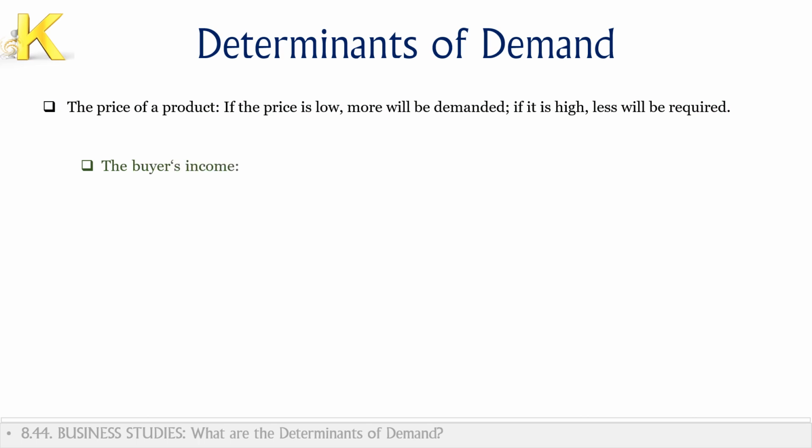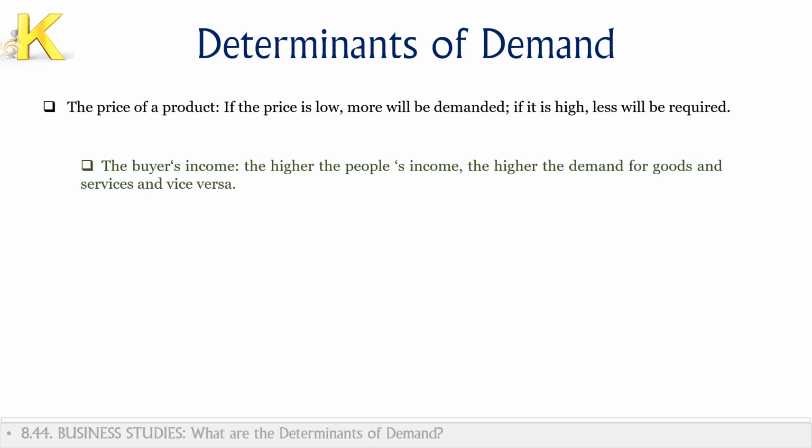Secondly, the buyer's income. For most goods, there is a positive and direct relationship between consumers' income and the amount of good that one is willing and able to buy. In other words, for these goods, when income rises, the demand for the product will increase, while when income falls, the demand for the product will decrease.